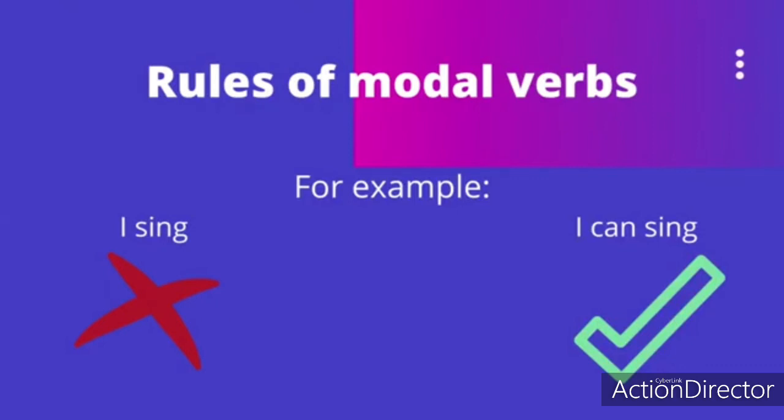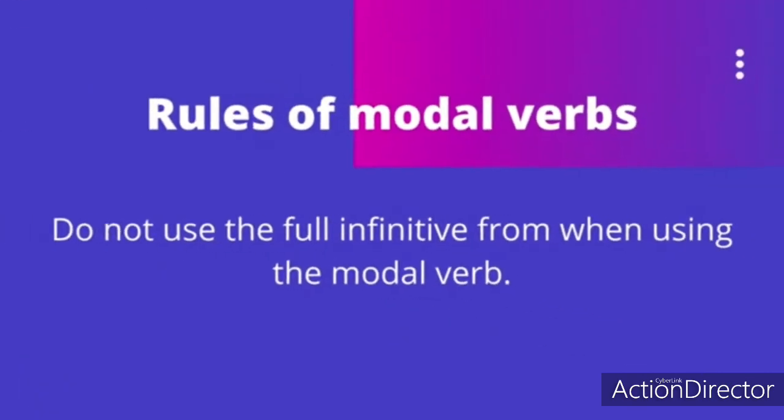To use modal verbs correctly, you must keep in mind the two main rules. Number one, the modal, as we can see in that sentence, always comes before the verb that says. And number two, always put the verb that says in the simple infinitive.